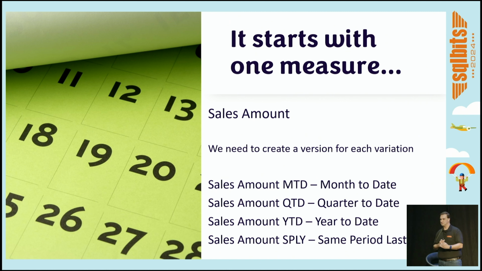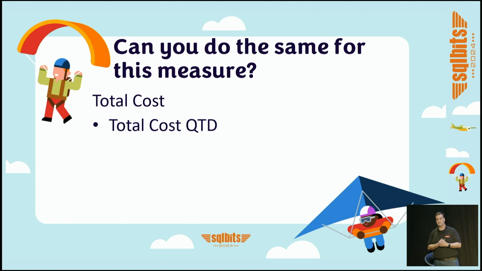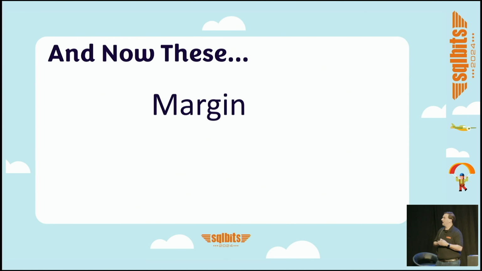Now I have all these measures. Now I have to maintain all these measures. And then the business comes back and says, okay, can you do the same for this measure? So we have total cost quarter to date, month to date, year to date, same period last year. And now we have these other measures.